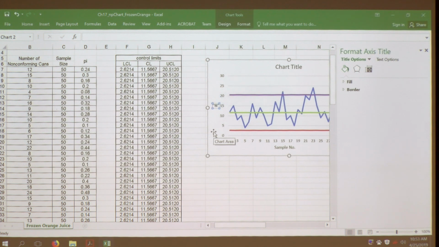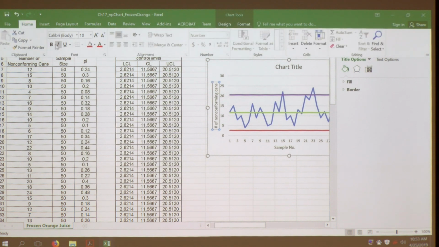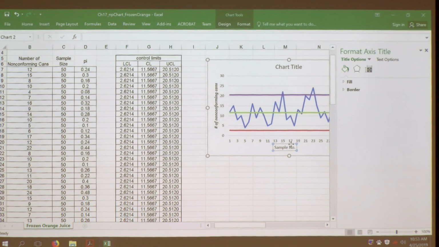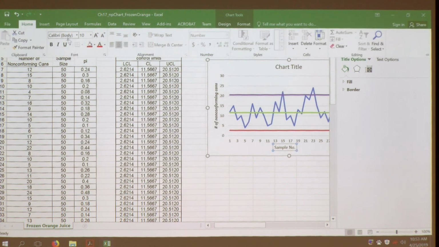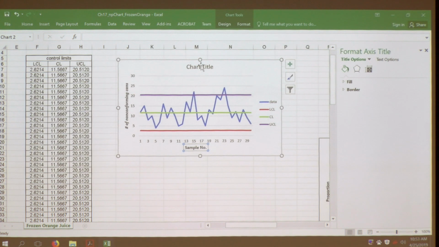Because this will be the number of non-conforming cans. Okay? And some people would like to make it bold, and you just make it bold. Or if you want to make it italicized, you can make it italicized. And this is a sample number. And now you want to make sure people understand what this chart is.